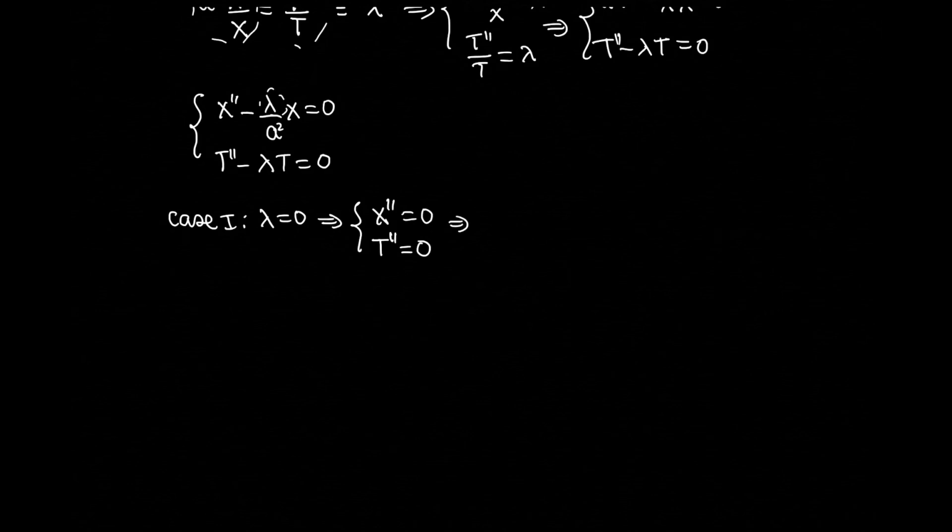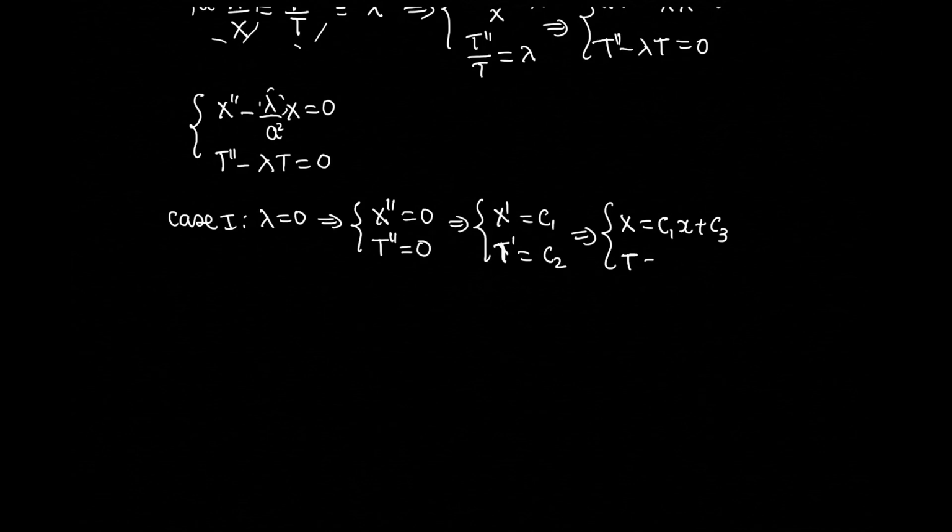So here, if I integrate the first time, I get C1, C2. Then if I integrate the second time, I get x equal to C1 x plus C3. You just put a different constant, it doesn't matter the order.